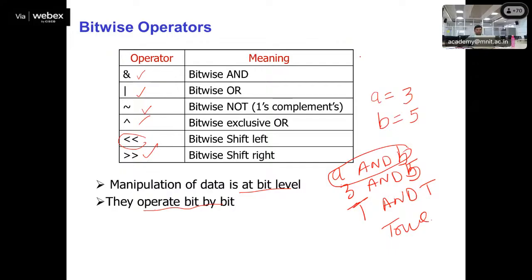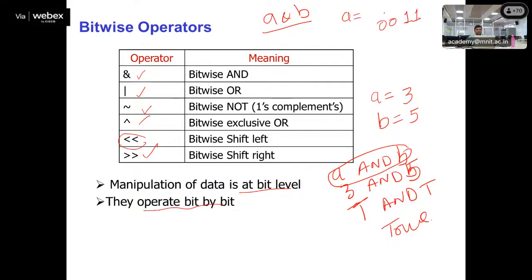But in case we apply the bitwise AND operator, A and B, they will operate over the bits. It means first A will be converted into bits. Assuming a 4-bit number, 3 is represented as 0, 0, 1, 1.